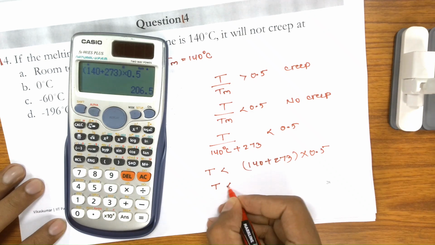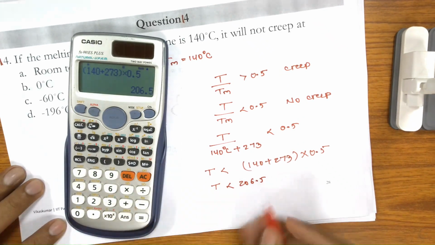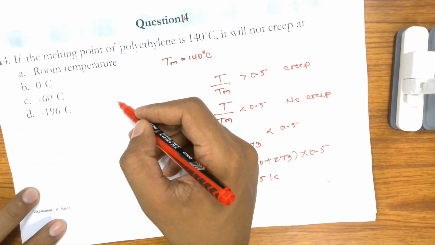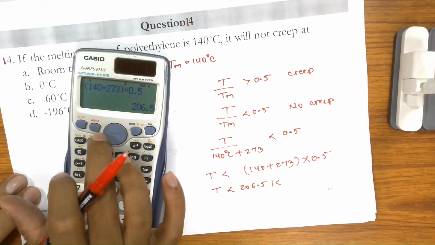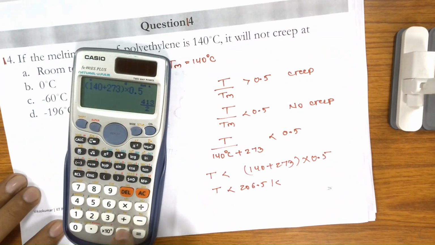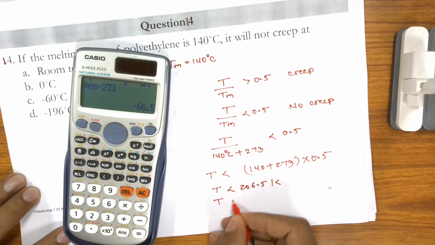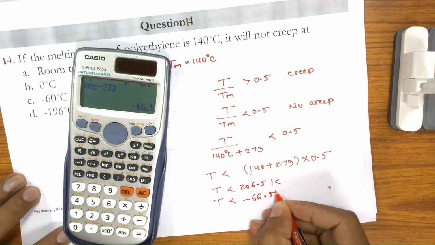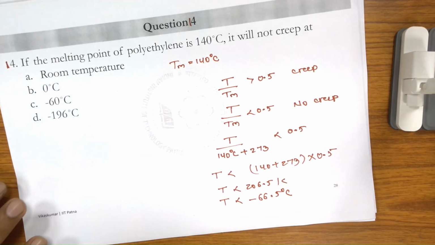T which we have got is 206.5. This is again in Kelvin, while the thing given to us is in degrees Celsius. Let's convert this back. We subtract 273 from that. So what we got is that if the temperature is less than 66.5 degrees Celsius, then it's not going to creep.